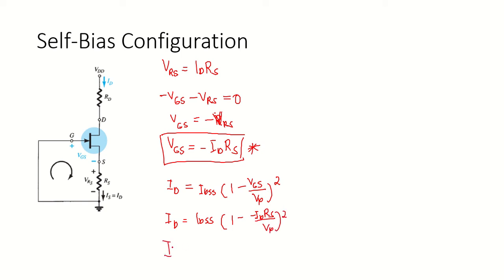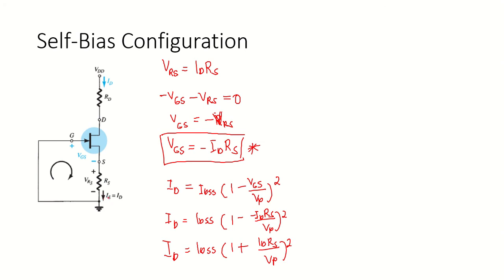So we further simplify the equation: IDSS times 1 plus ID RS all over VP, the quantity squared. So this will be the other formula to get the value of ID in this configuration.